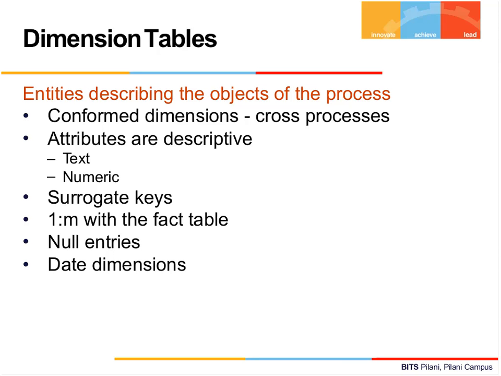If I have a region, then only I can do the analysis on a regional level. If I don't have the region stored on this customer dimension, then you can never do the analysis on the region. If I don't have a quarter stored in my date dimension, I cannot find the sum of my totals by quarter easily. I can do it, but I have to calculate that the first quarter is January, February, March, and then I have to do all that.